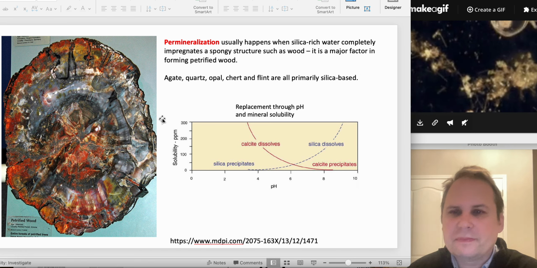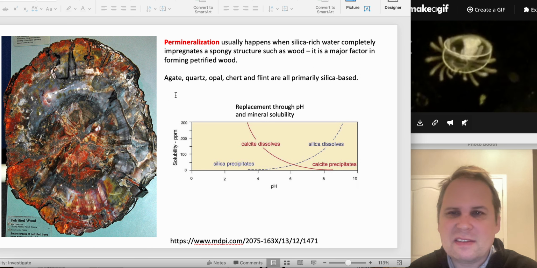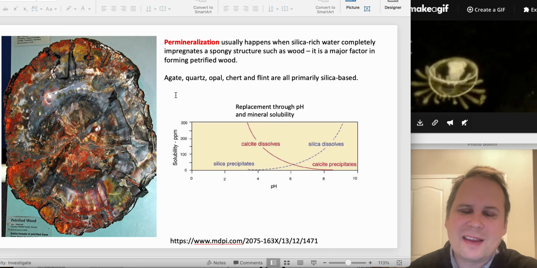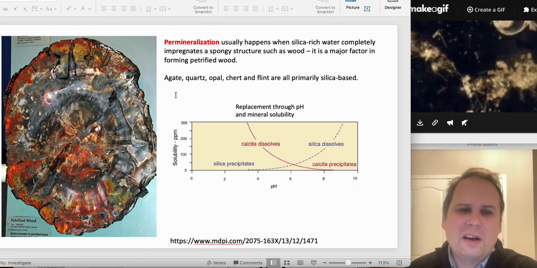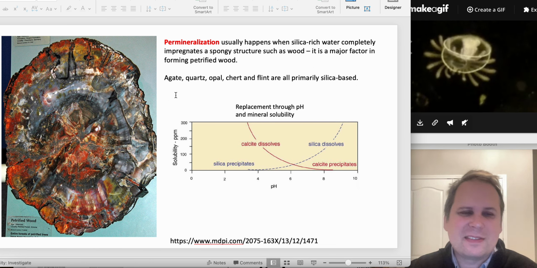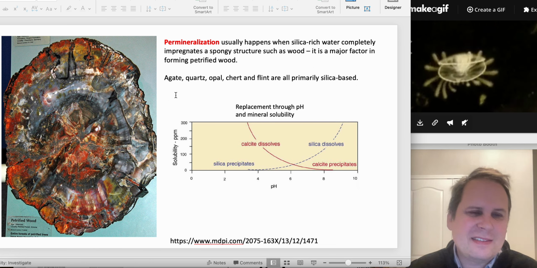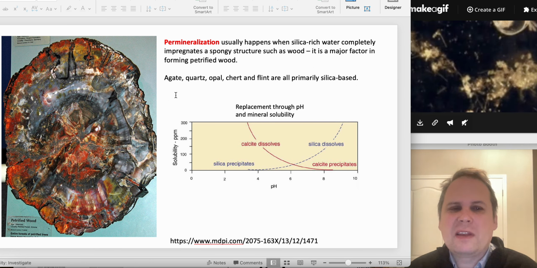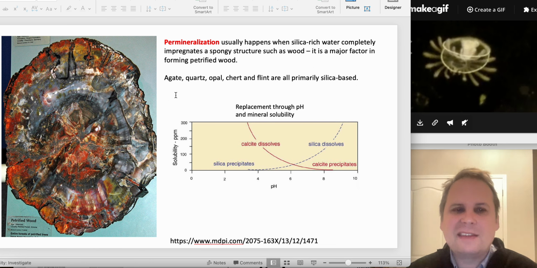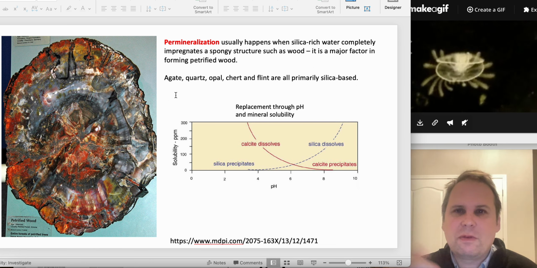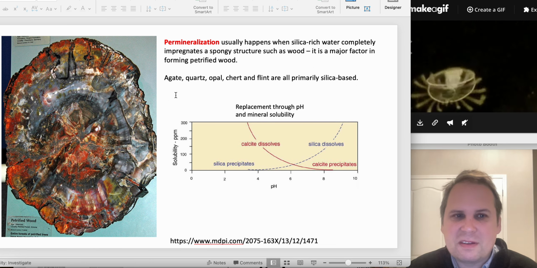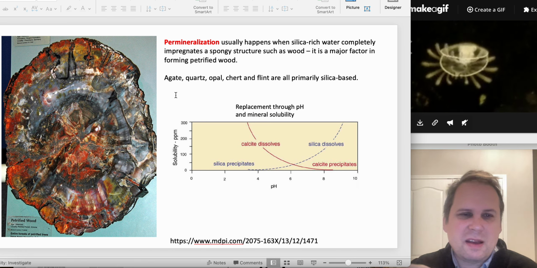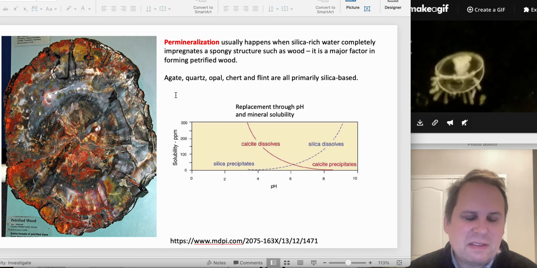So yeah, there's not a hard line necessarily between replacement and permineralization. All these things are part of the same processes. You will rarely see a fossil where there is one and only one type of preservation. These are more like concepts that you can apply, and you can say, oh, here's the evidence for permineralization. Look, it's been turned into silica. Here's the evidence for mold preservation because it's still three-dimensional.